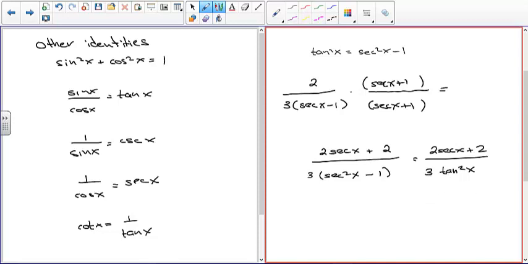Okay, I'm not finishing yet. So what I did was I multiplied and divided by the conjugate, secant of x minus 1 over secant of x minus 1. And so when you use FOIL, the inner and outer terms cancel out. You end up with that, which fits that trig identity that I put up there nicely. So that becomes the tangent of x. So now what you need to do is rewrite the secant in terms of cosine and rewrite the tangent in terms of sine and cosine, and break that up into two fractions.